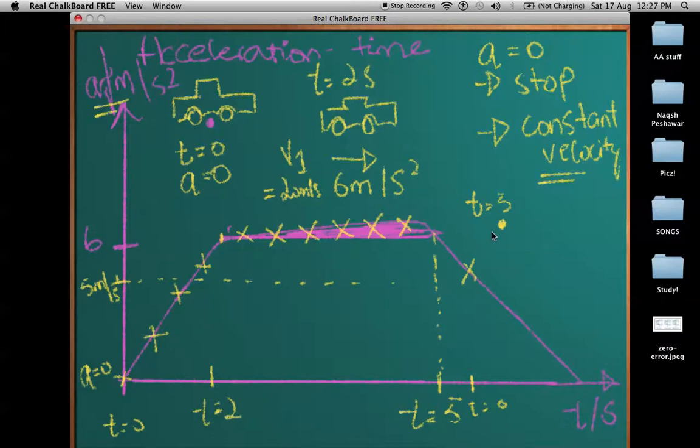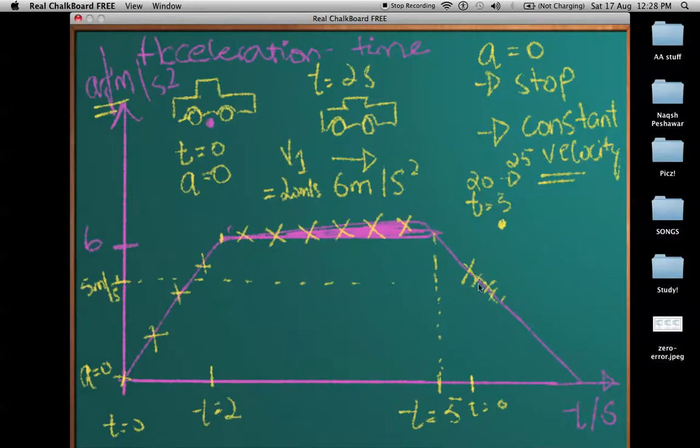No. It means whatever the velocity was at this point, it will increase by 5 meters per second every second. So if the velocity is 20 here, and if this acceleration remained constant throughout the journey, which it is not, it's just decreasing constantly, then the next second the velocity would be 20 plus 5, so 25. This is what acceleration means: every second there will be an increase of 5 meters per second.